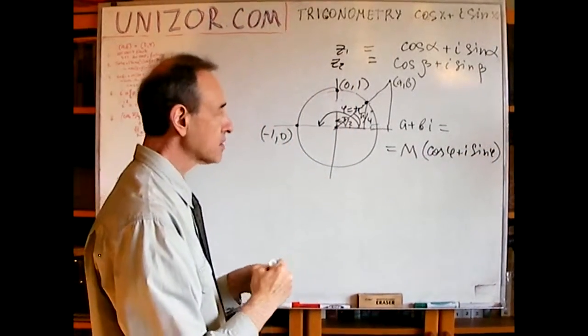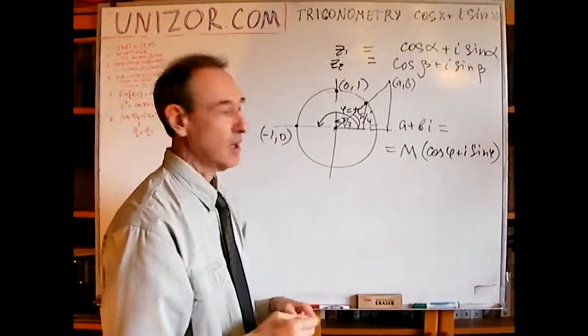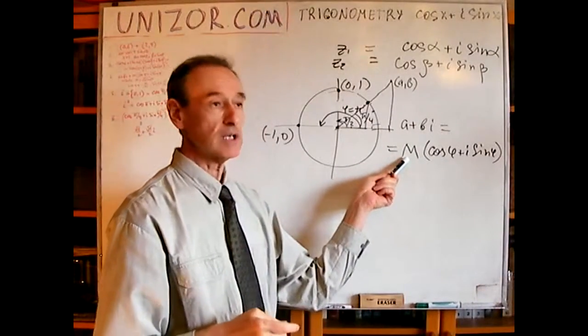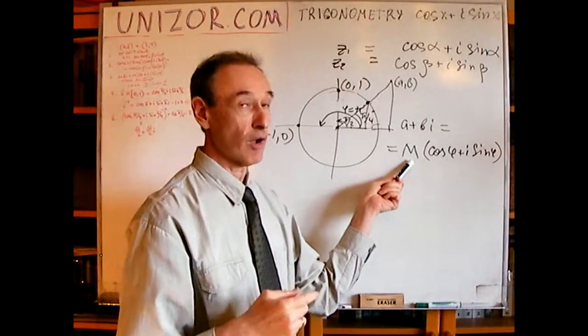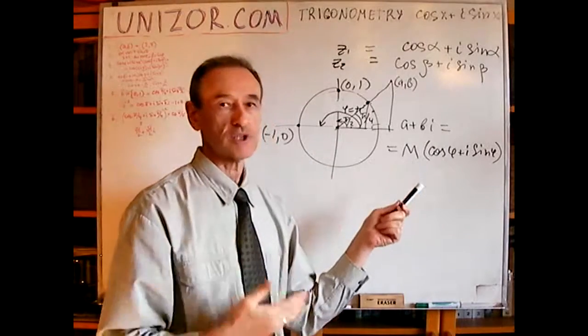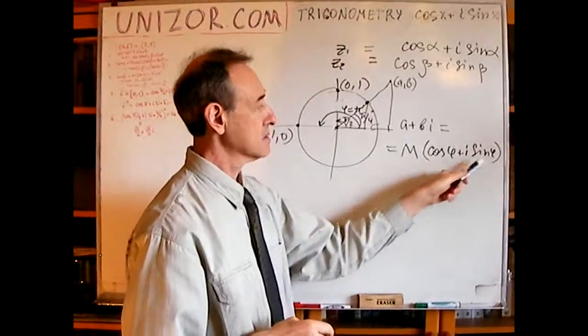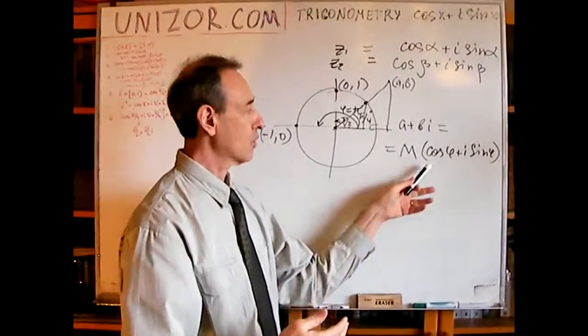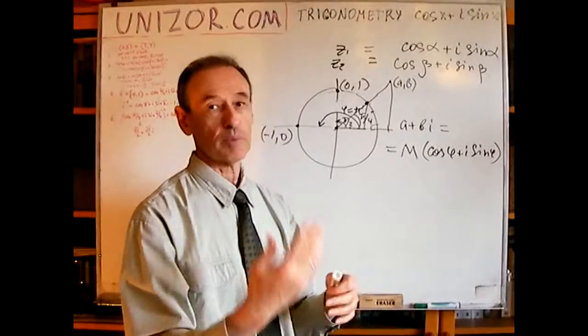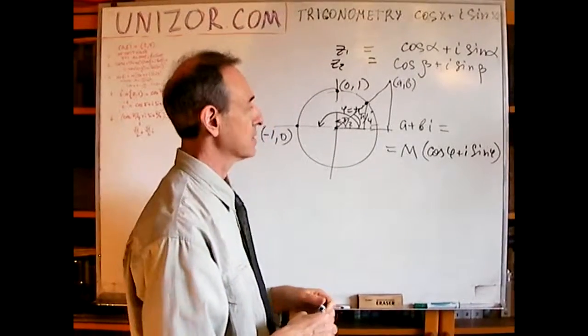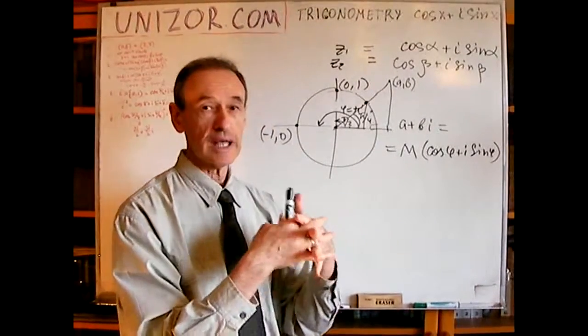So when I multiply two numbers like this, my moduli, plural of modulus, are multiplied by each other. And this part, when I multiply cosine alpha plus I sine alpha by cosine beta plus I sine beta, would actually add the angles.